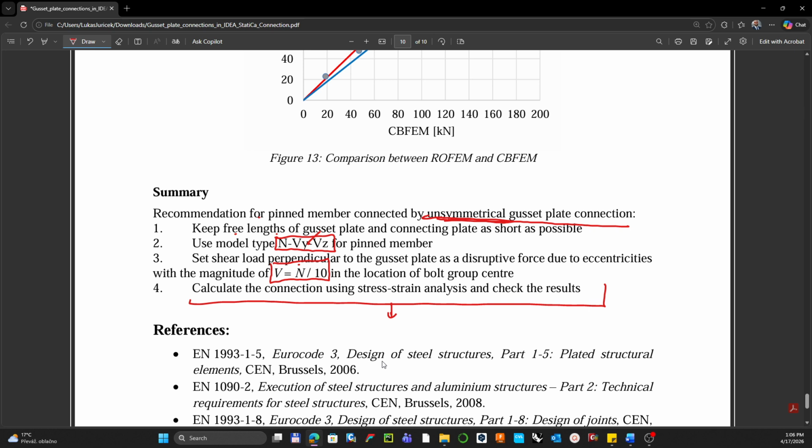And I would like to emphasize that you should also calculate the buckling, just to be sure.